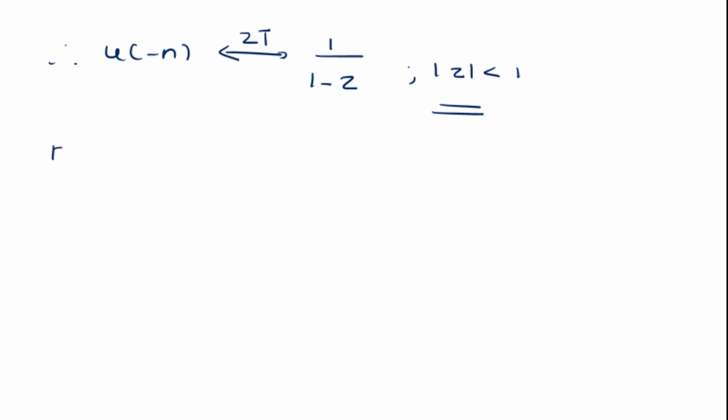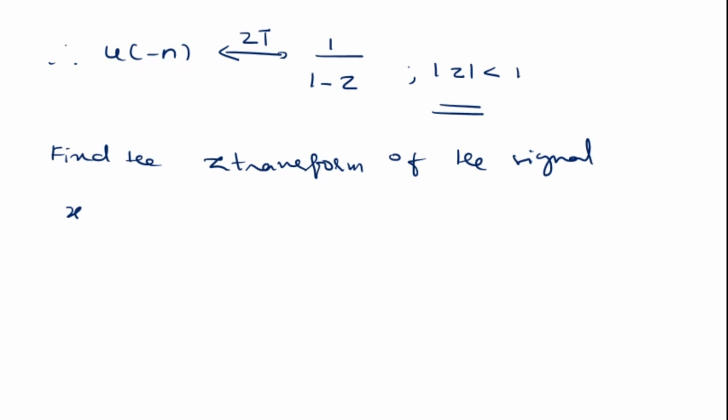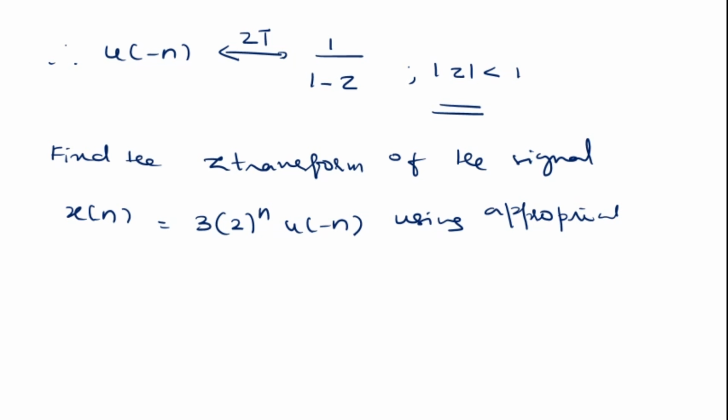Second problem, find the z transform of the signal x of n is equal to 3 into 2 to the power n into u of minus n using appropriate properties.